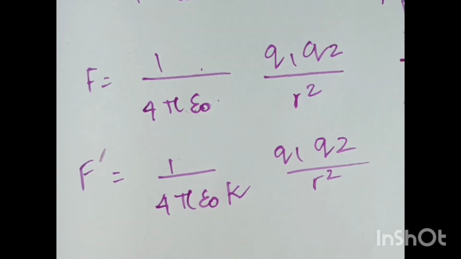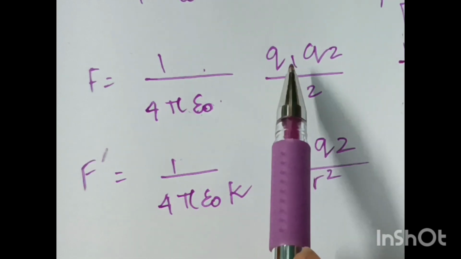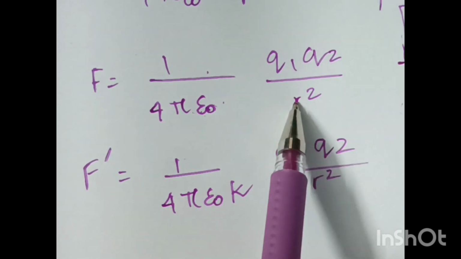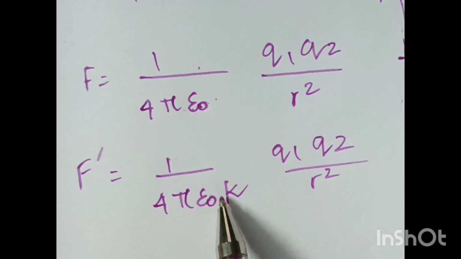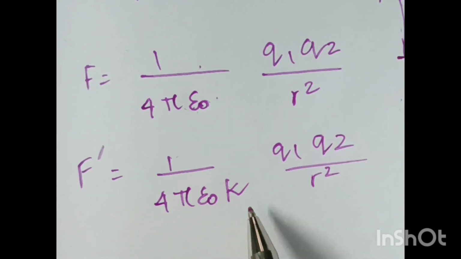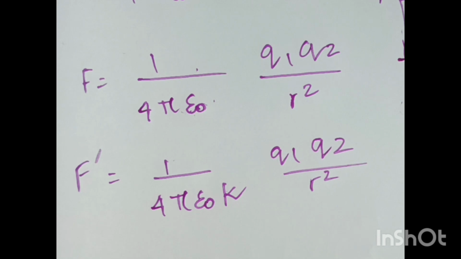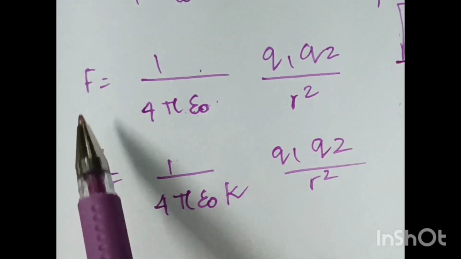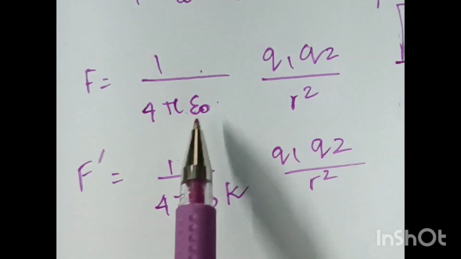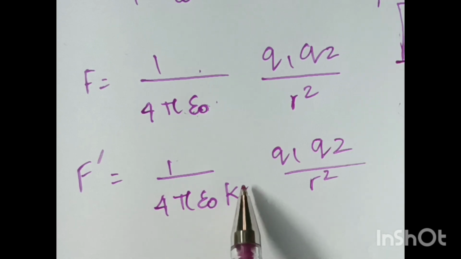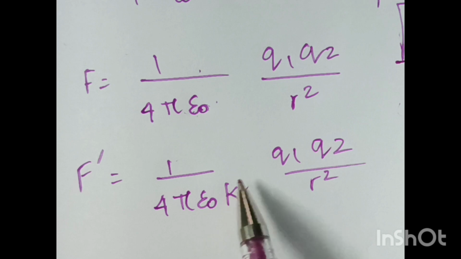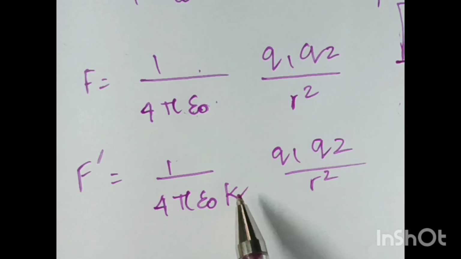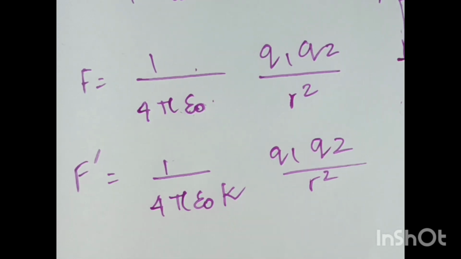So what I can say, the force is maximum, that is 25, when it was in air or vacuum, and if we place it in some other medium, then it is reduced when we divide it by the dielectric constant. So the value of force is maximum in air or vacuum, and when we keep the charges in some other medium with some dielectric constant, the value of force reduces.